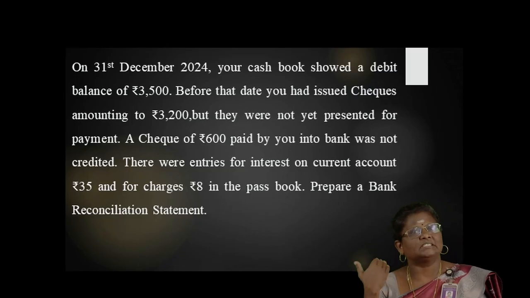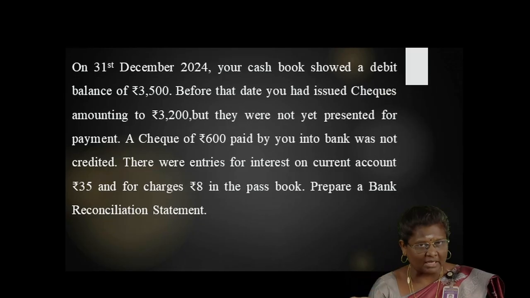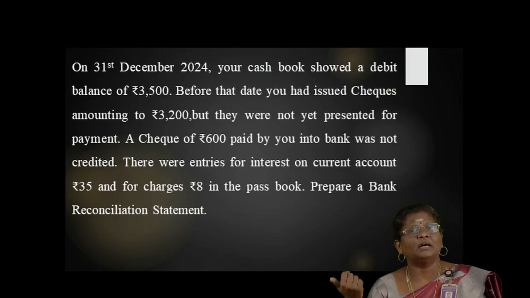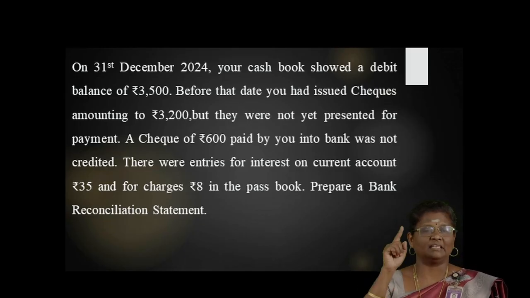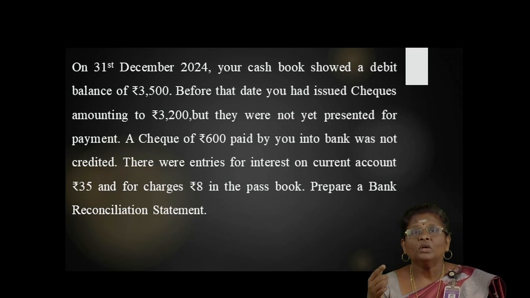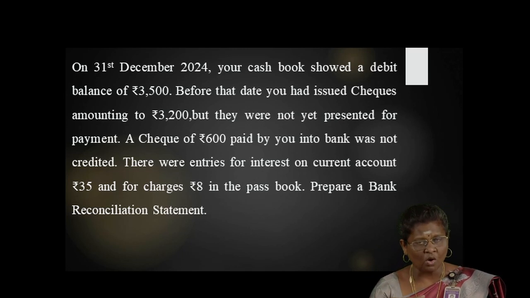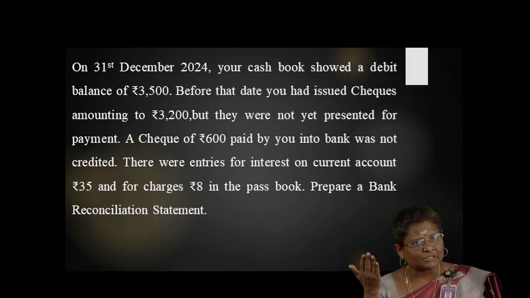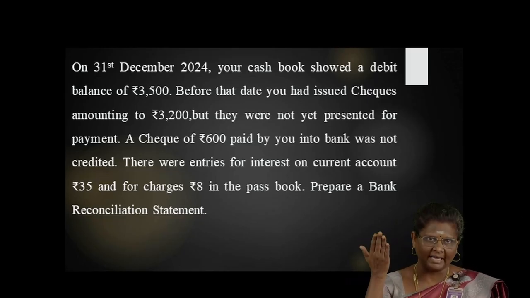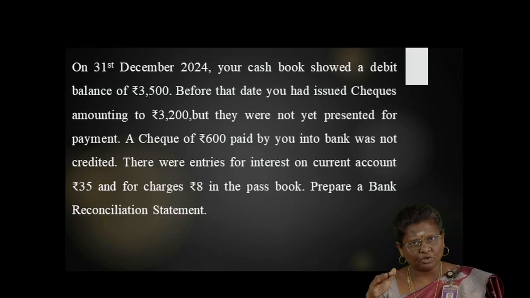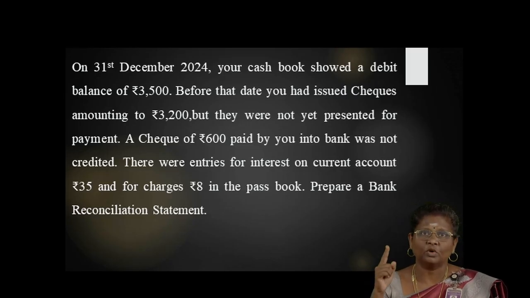We sent that check to the customer, but the customer has not yet presented it in the bank. So the balance as per cash book is low, but the balance as per passbook is high. So the passbook shows a high balance, so it will be added.